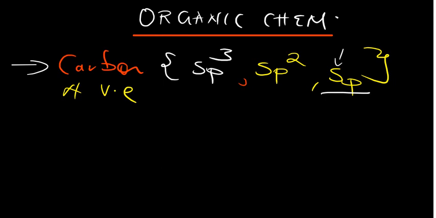So these 4 valence electrons can be shared in different ways.